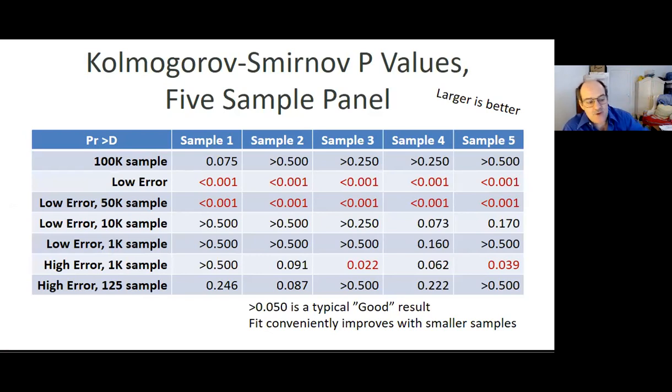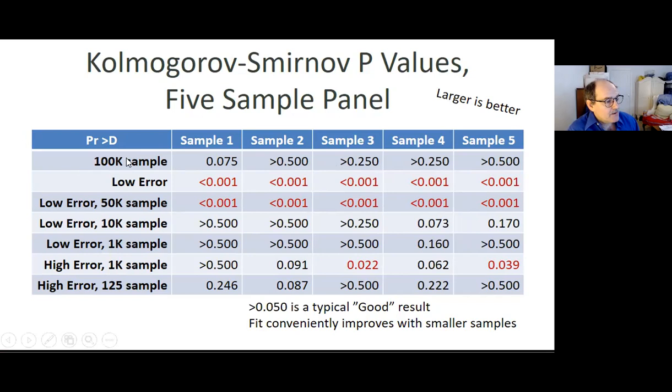So the very first row up here, that is the original picture, the first slide I showed you, and they all pass, right? This is all p-value greater than 0.05, and they all pass. Some of them pass crazy strong. This one is a little bit weak, but it passes.